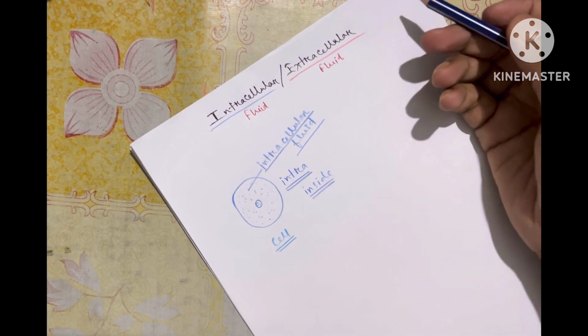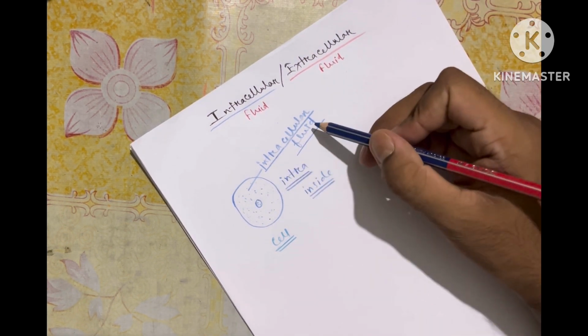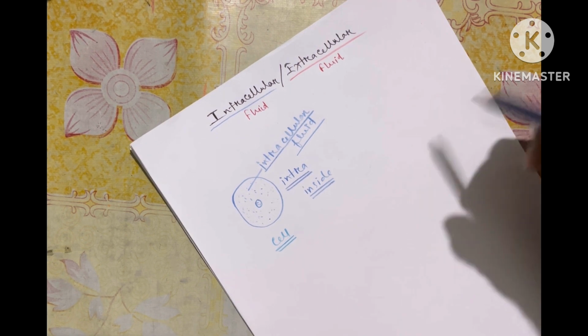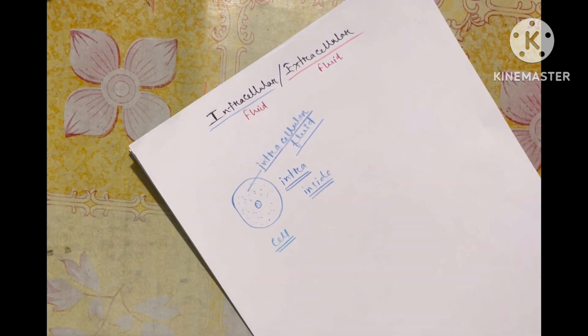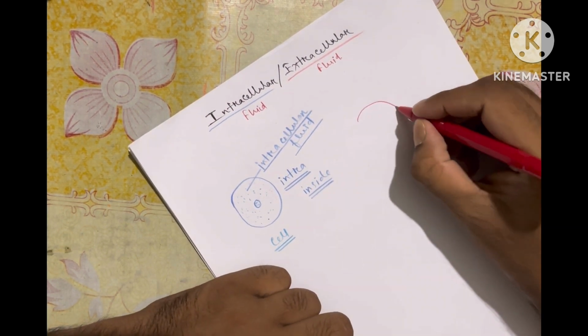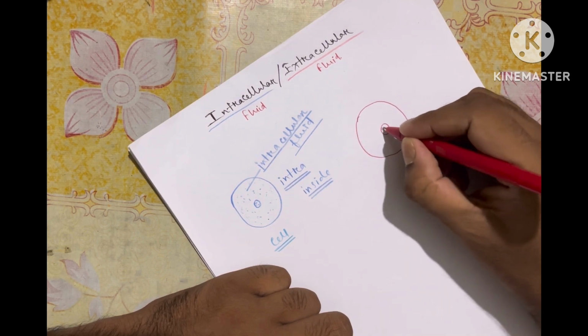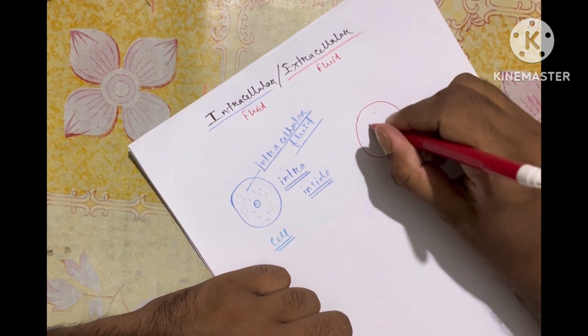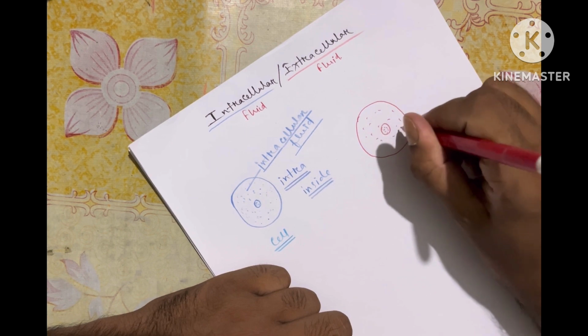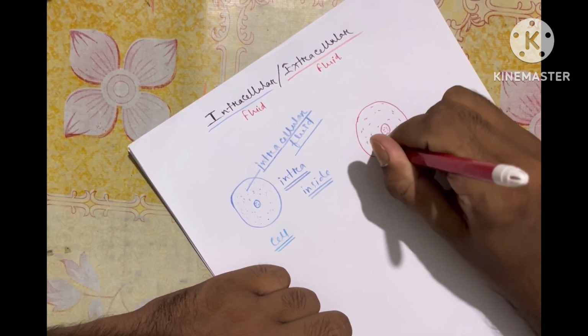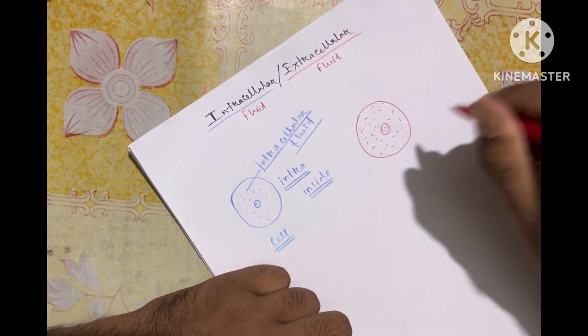Then what is extracellular fluid? Which is present outside that cell. So for example, it is another cell. This is the nucleus, and inside that cell fluid will be present. We know what it is called. It is called intracellular fluid.